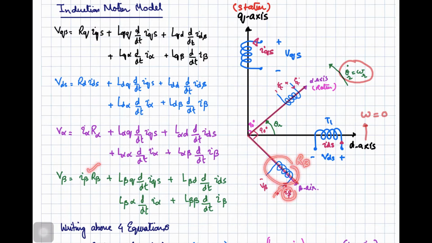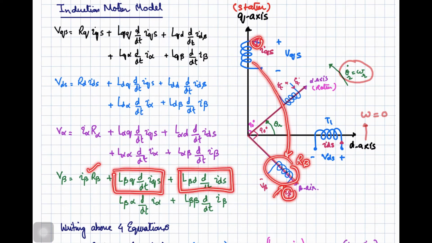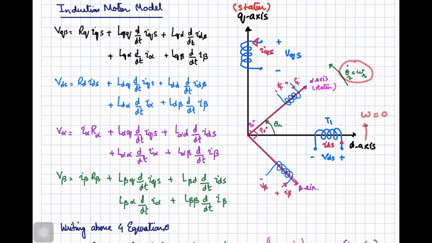Then taking the effect of the Q axis, first of all, L_βQ into dIQS, because the IQS is the current over here. Then the beta axis variation in the D axis, right? So L_βD, or you can say the effect of D axis variation in this one, so that is given by this one, the mutual inductance between the phase beta and the D axis, and the current IDS.